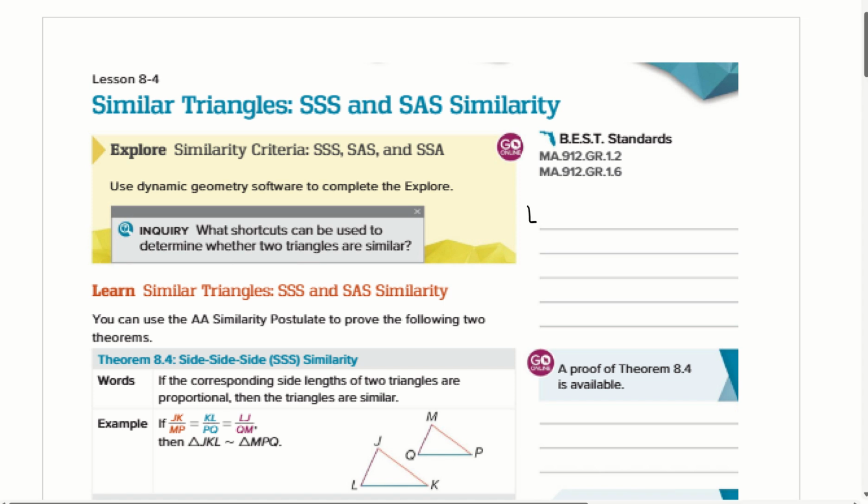So our essential question is to use these two theorems.